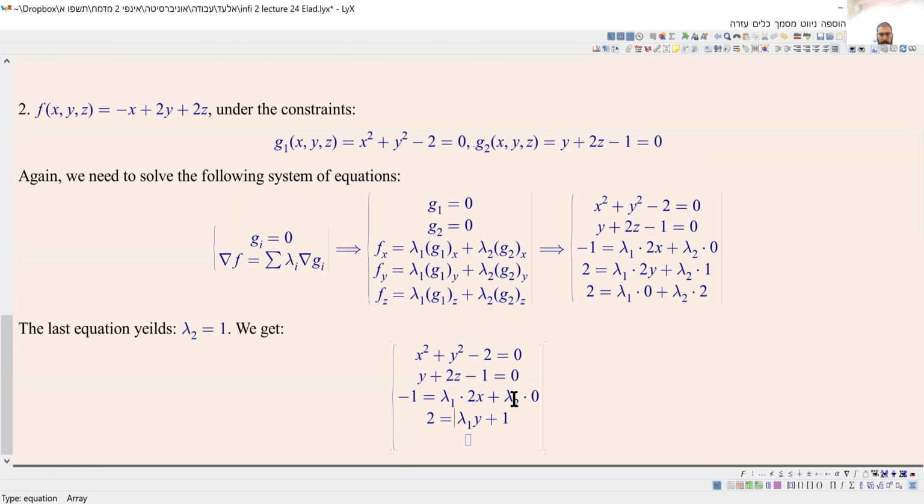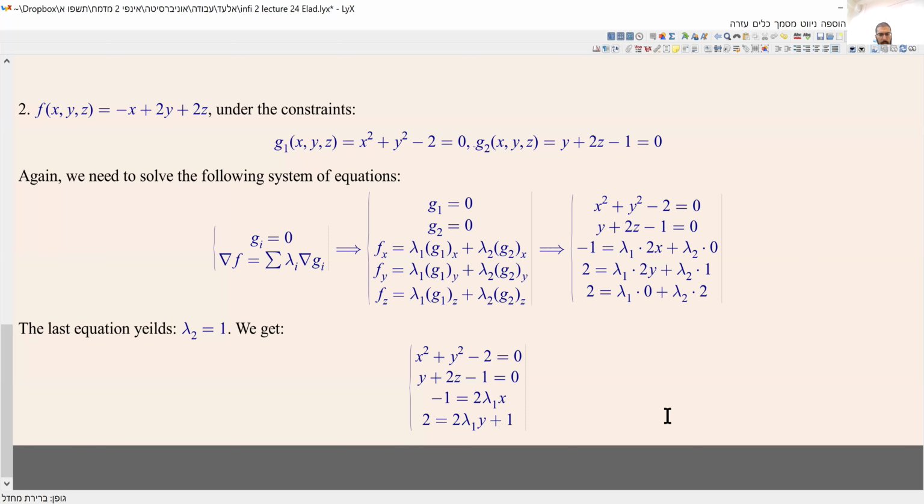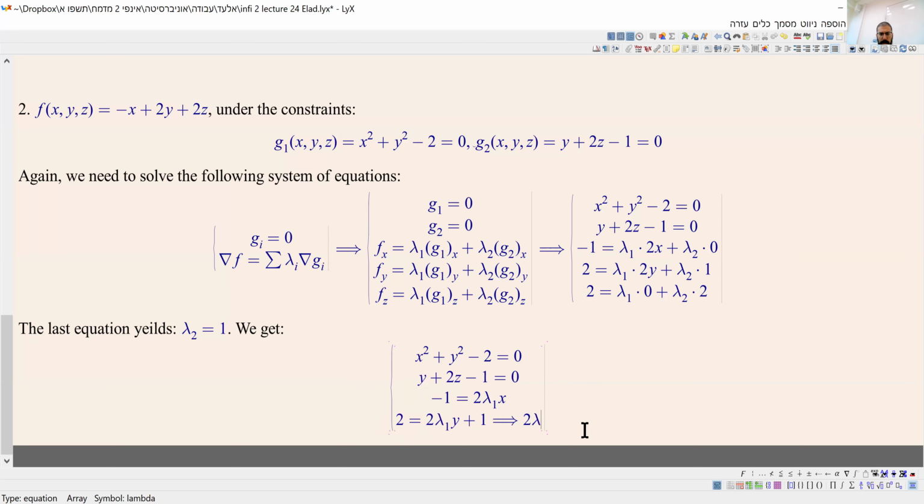Do I delete row call? Like that. Okay, we can write it as 2 lambda 1 multiplied by y is 1.